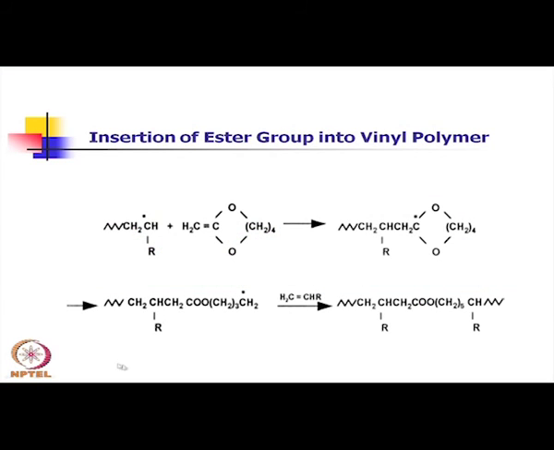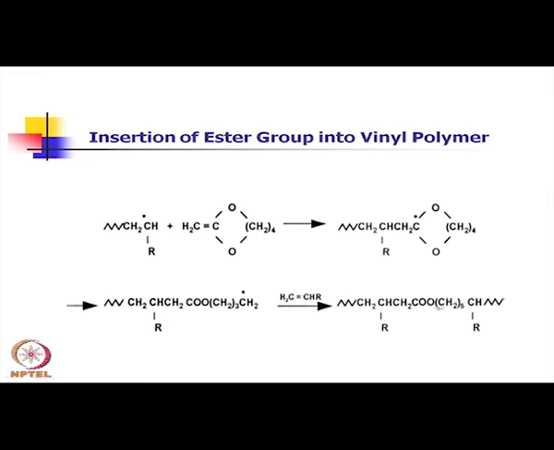Here is a reaction scheme which is basically the insertion of an ester group into a vinyl polymer like this. Here you see some ester group has been inserted in a vinyl polymer, which, being hydrocarbon in nature, had only a carbon-carbon backbone chain. Now that has been converted to a carbon chain with an oxygen atom and ketonic group, the ester group, on the backbone chain.